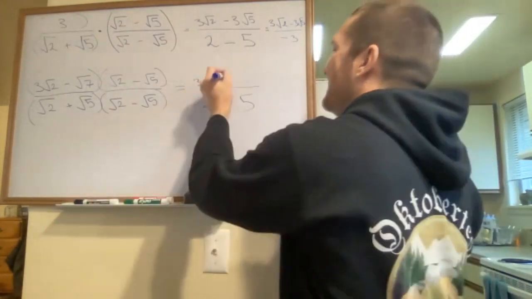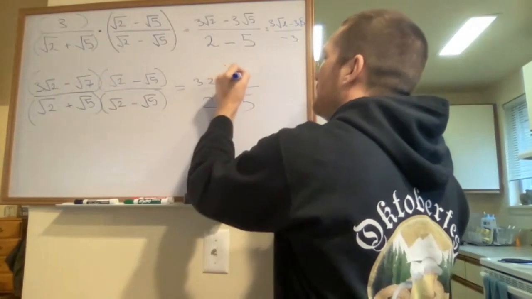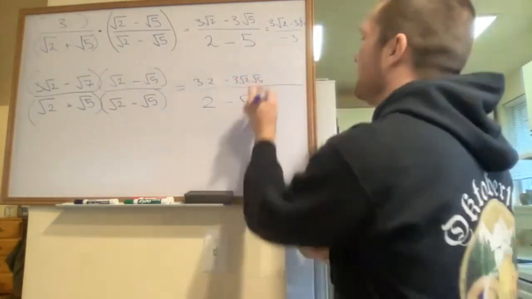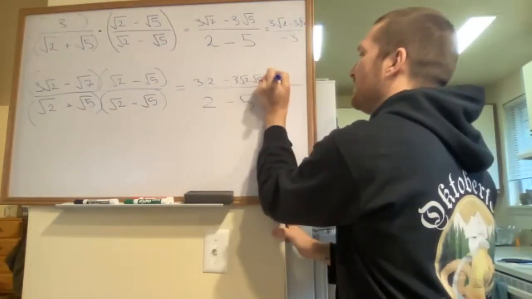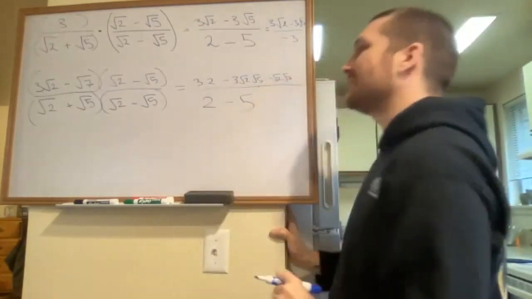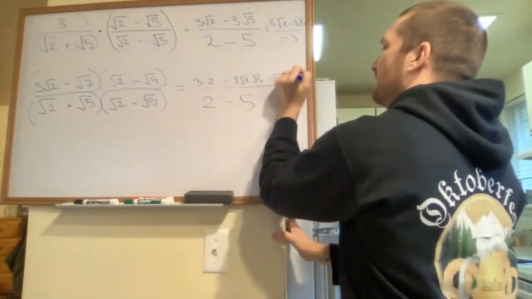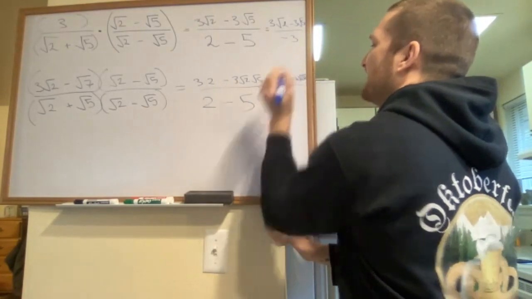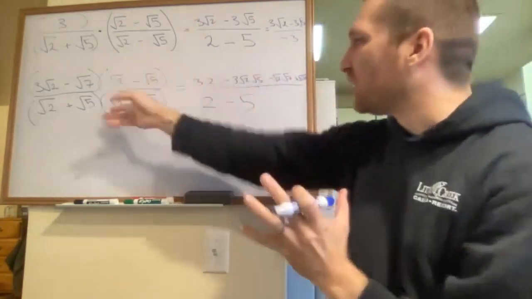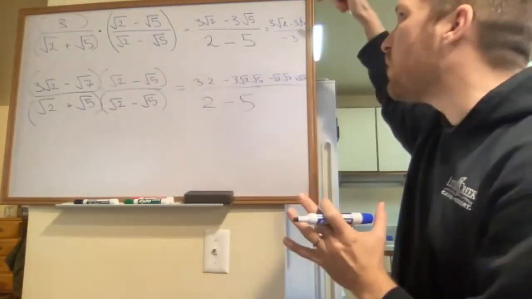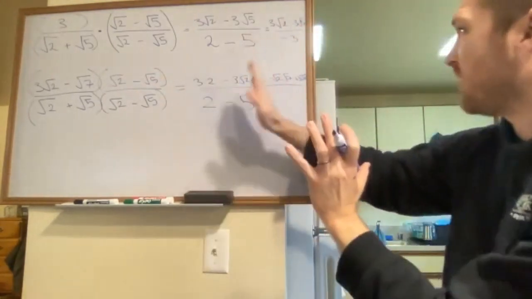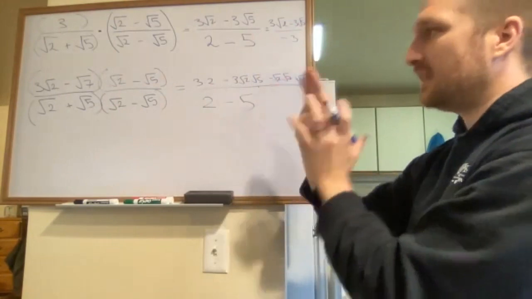Outer gives me a negative 3 root 2 root 5. Inner gives me a negative root 2 root 7. Last gives me a positive root 5 root 7. And then it's just a matter of simplifying from there. It's going to look a little uglier. You want to watch for things that you could possibly cancel. Like if every one of those showed up with a 3 in here, then that would be nice.